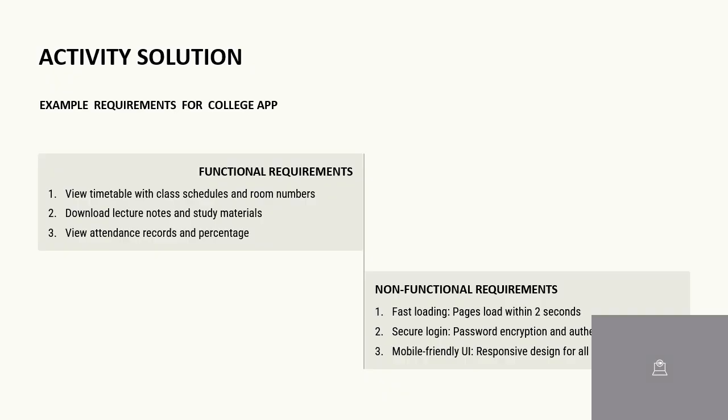For example, functional requirements could include viewing class timetables, schedules, downloading lecture notes, or checking attendance records, and so on. Non-functional requirements may include fast loading pages when they check, secure login systems, and mobile-friendly user interfaces.